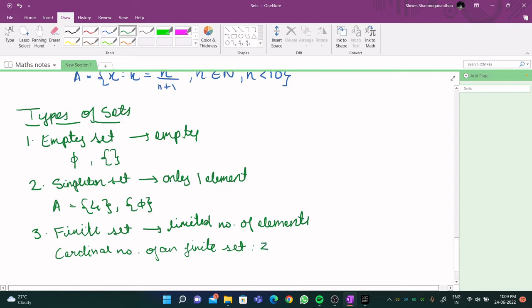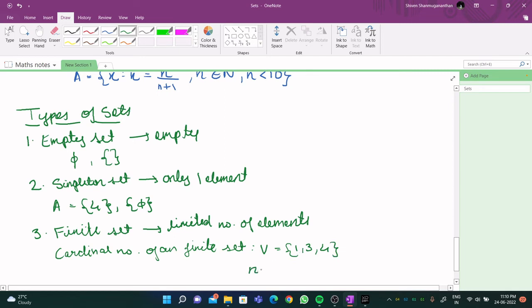I can't use those preset alphabets, so let's say V. I have V is equal to 1 comma 3 comma 4. So we can see we have three elements here.